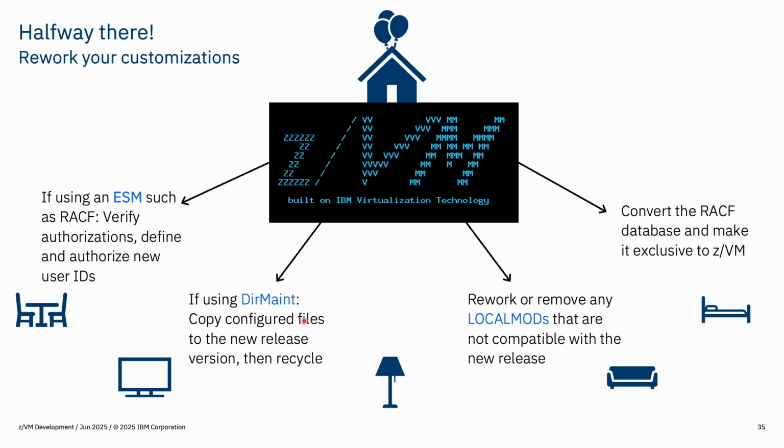If using DirMaint, copy some of those configured DirMaint files to the new release version and then recycle DirMaint. If you have any local mods, they may need to be reworked or removed if they're not compatible with the new release. Finally, if you're using RACF, you'll need to convert the RACF database and make it exclusive to z/VM, as it can no longer be shared with z/OS on z/VM 7.4.